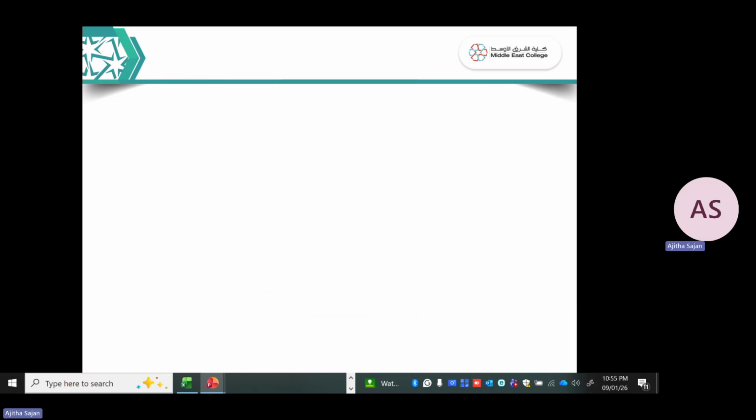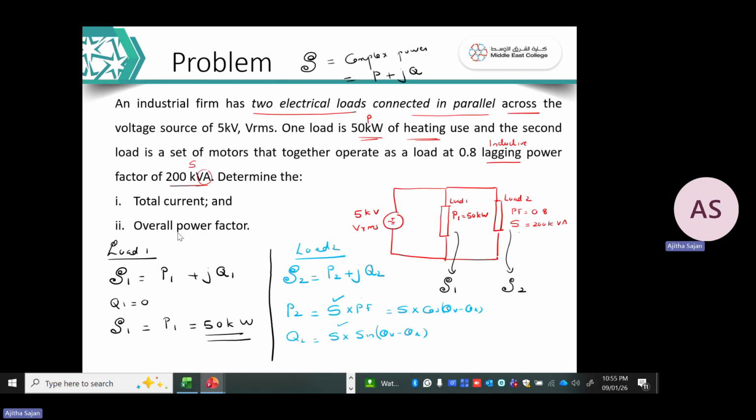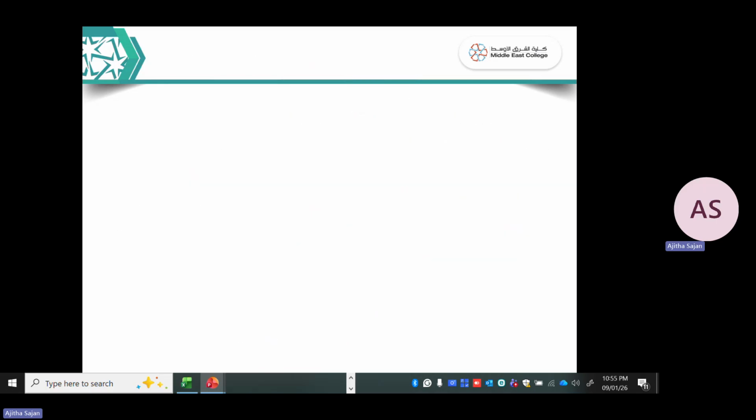So now let's see what the question asks. The question asks for the overall power factor and total current. Overall power factor is easy to get. Total current is also easy.